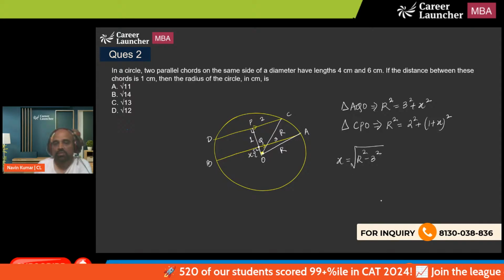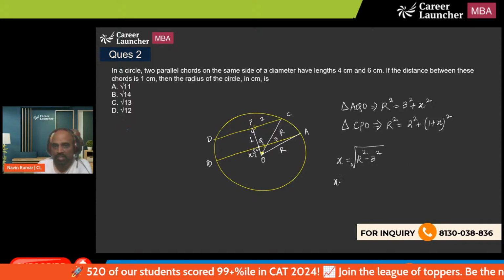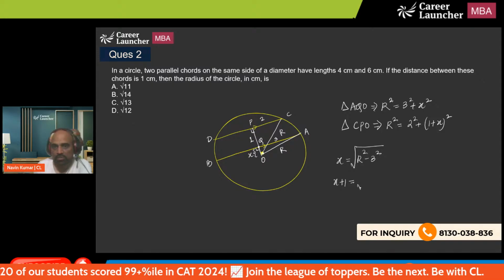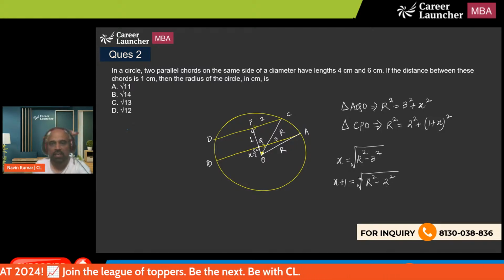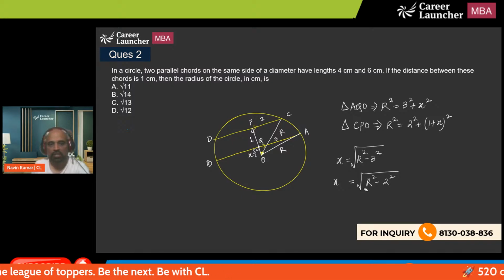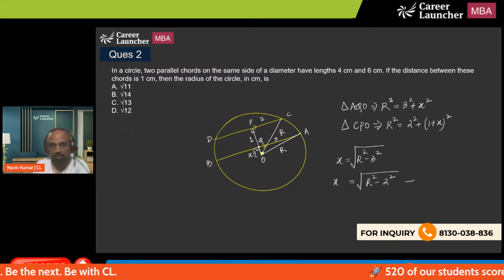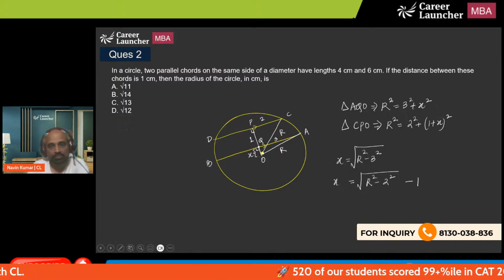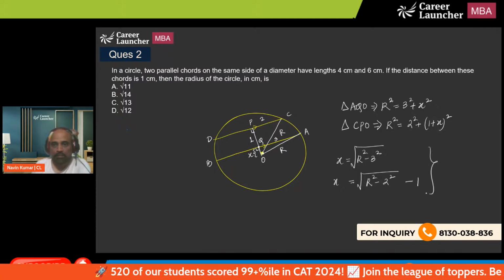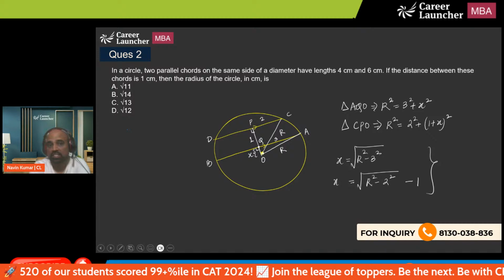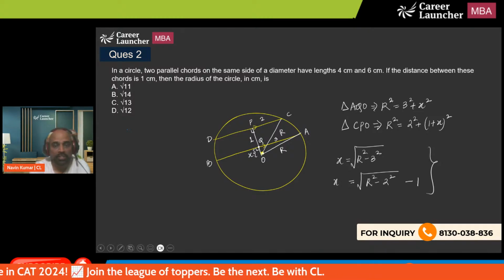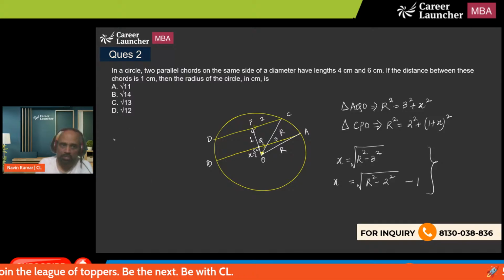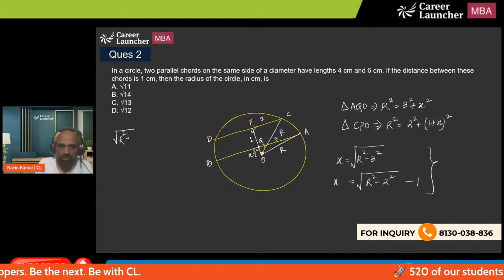And from the second one, we can write X plus 1 is equal to under root of R square minus 2 square, or basically X is going to be under root of R square minus 2 square, minus 1. Now we can equate these two and solve it. The thing is, it's going to be very time consuming because we will have to square it twice. So how about we use the options?